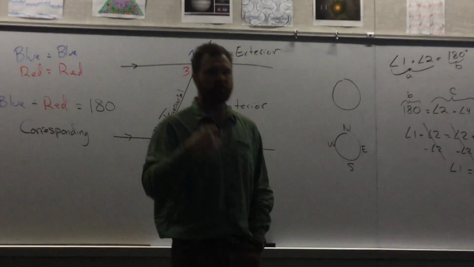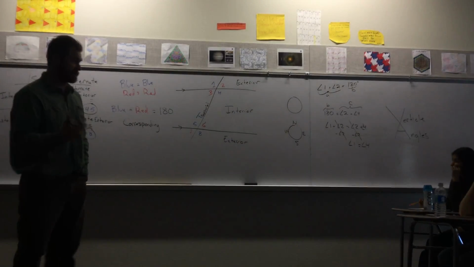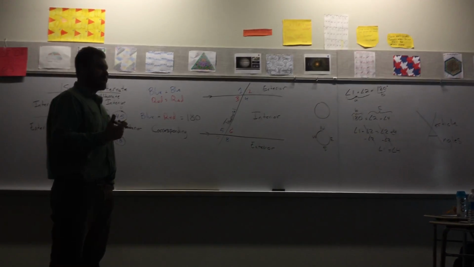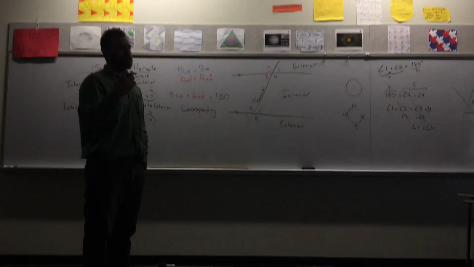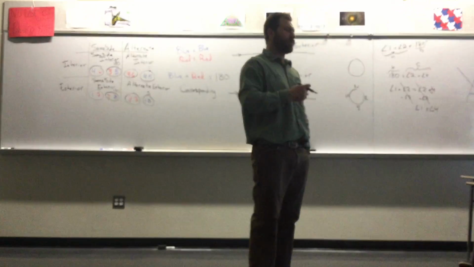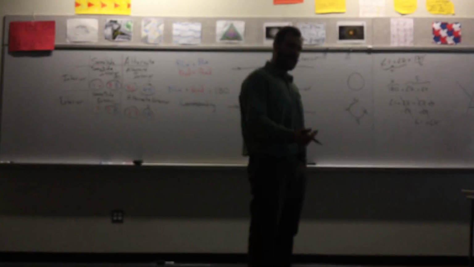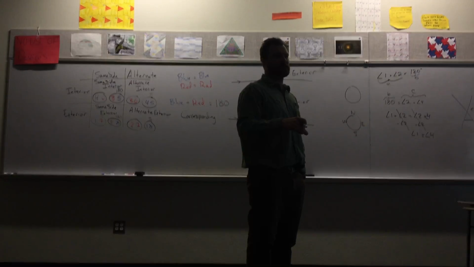It doesn't mean that you and me are going to send letters together, or that 2 and 6 are sending letters to each other. It's not like a correspondence between people. It means that we're in the same space relative to something.